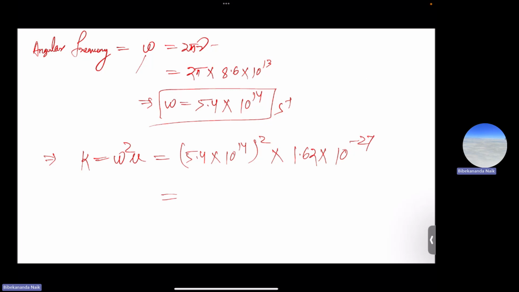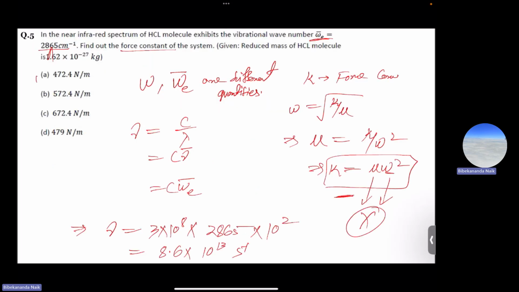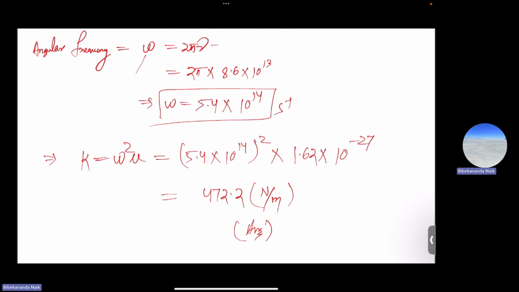So it will be 472.2, and its unit will be Newton per meter. So the correct option will be option A, 472.4 Newton per meter. I hope this is clear to you.